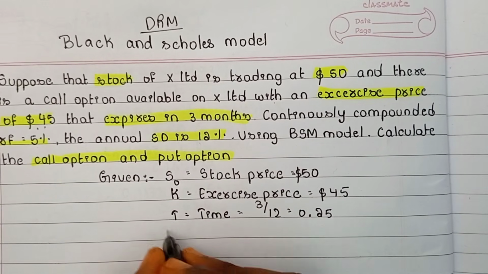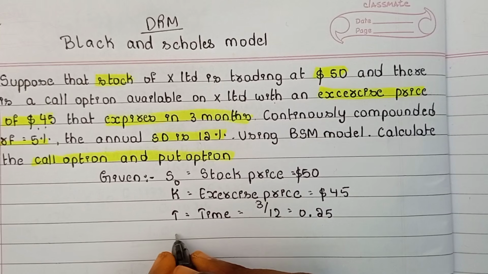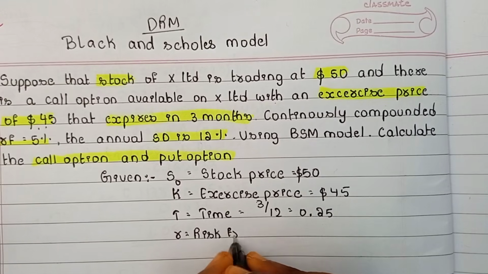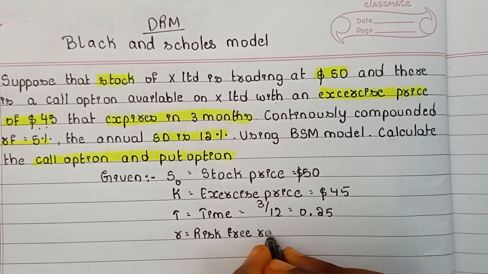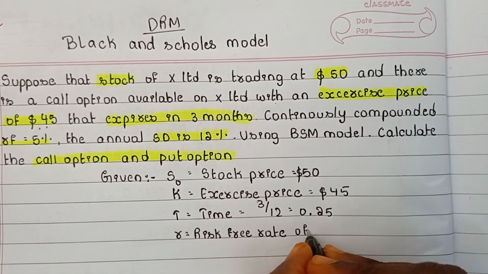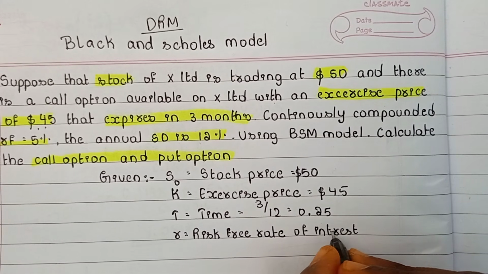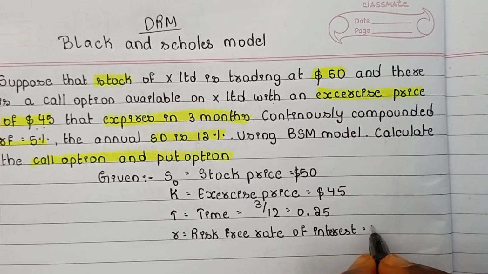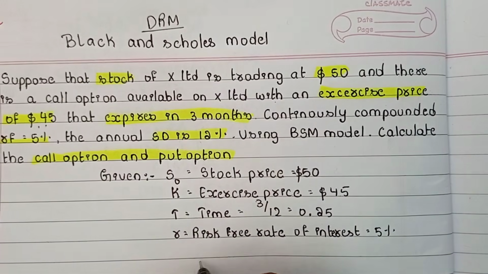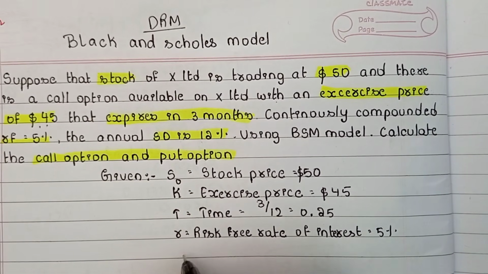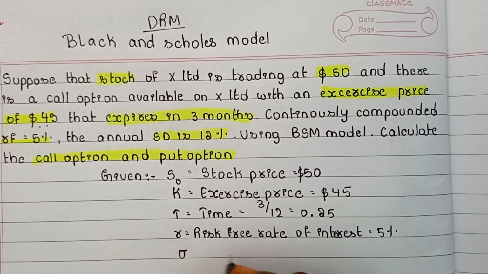And then Rf, that is the risk-free rate of interest. I will mark it as r, the risk-free rate of interest, that is 5%. And then SD is 12%, that is standard deviation. Standard deviation is marked like this.